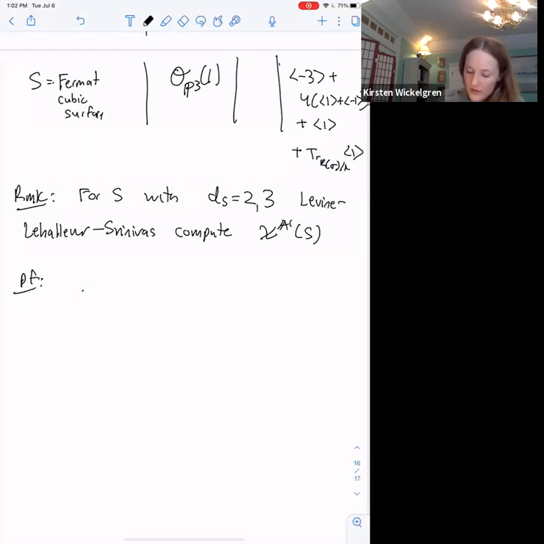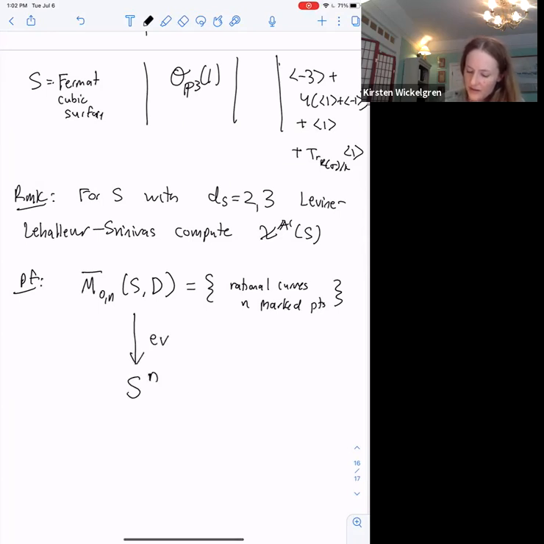So this M bar that was above, M bar 0,n of S, D. This is the moduli space of stable rational curves and marked points. And there's an evaluation map to S to the n. And we want to take the degree of this evaluation map.